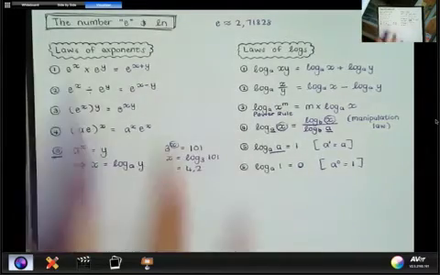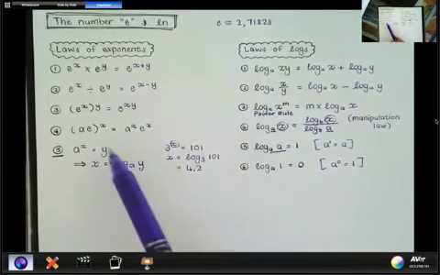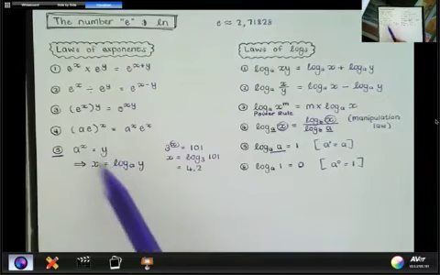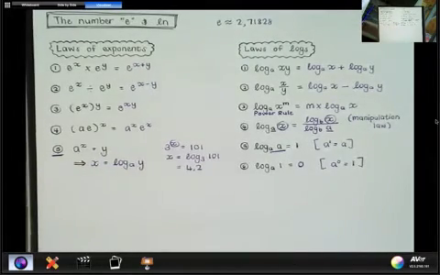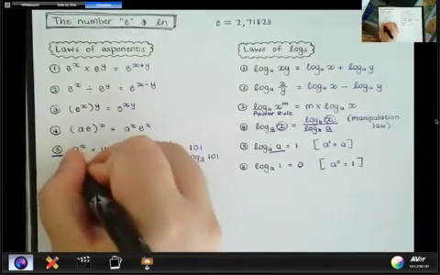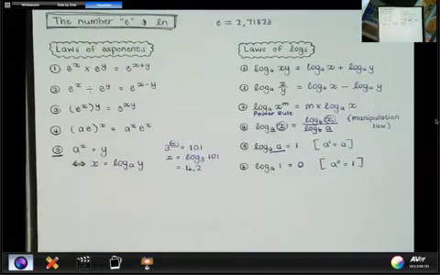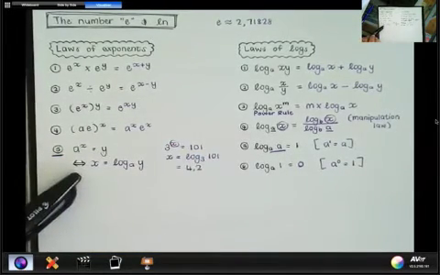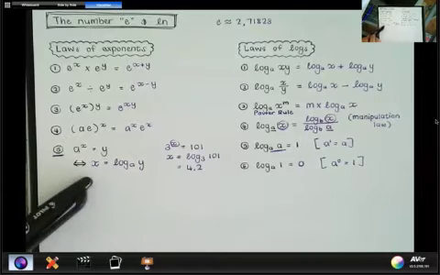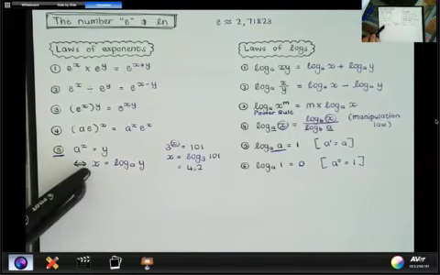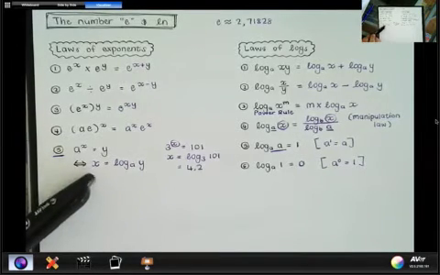Okay, so those are all the exponent laws, all the log laws, and also how to go from exponent form to log form. Now what I want us to add to this arrow is another arrow on the left-hand side. I think I've told you before that the one-sided arrow means then.